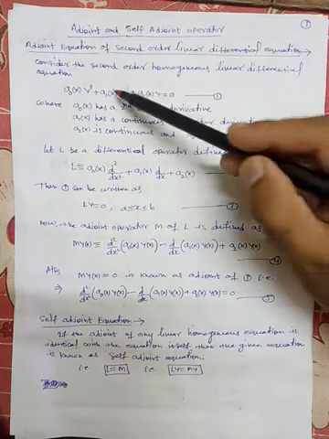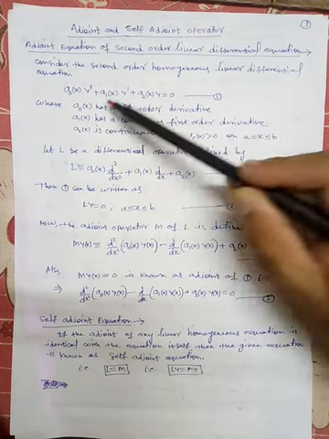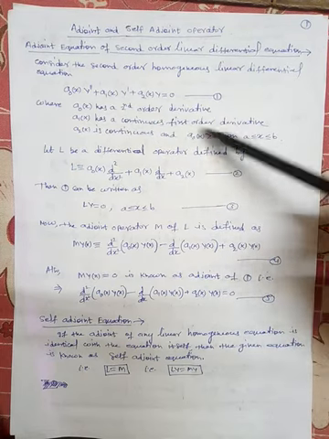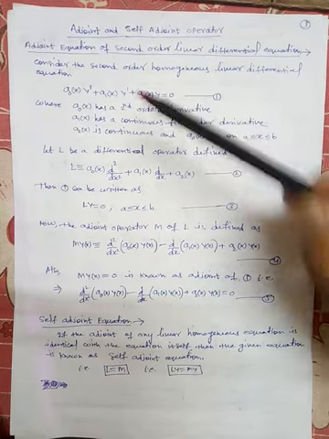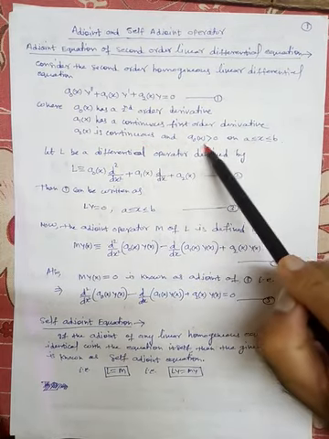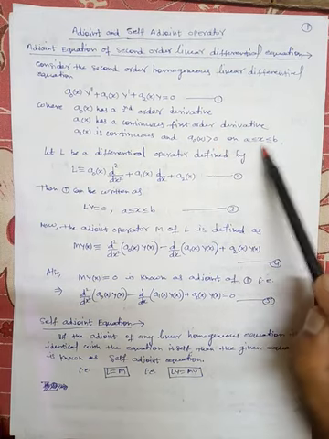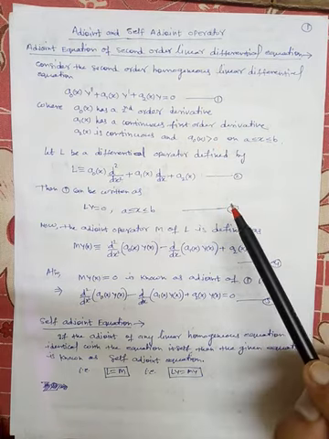Here a naught has a second order derivative, a1 has a continuous first order derivative, and a2 is continuous, and a naught x is greater than 0 on the interval a to b.